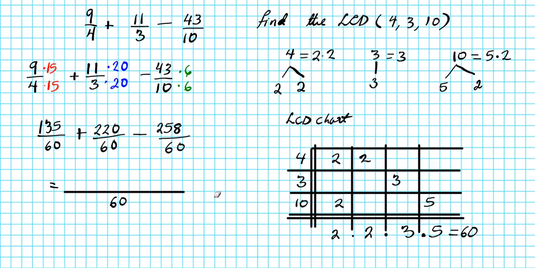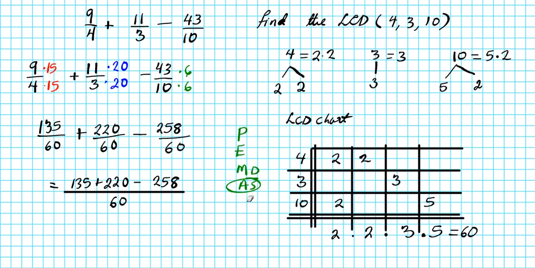Alrighty, so now we have in the numerator 135 plus 220 minus 258. In the order of operations, adding and subtracting are on the same hierarchy, but we execute them from left to right.